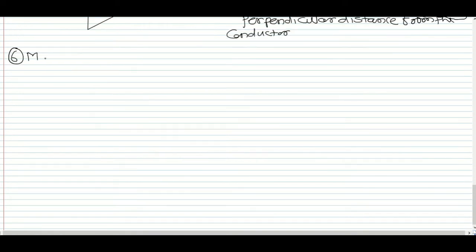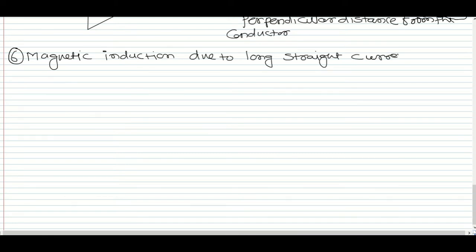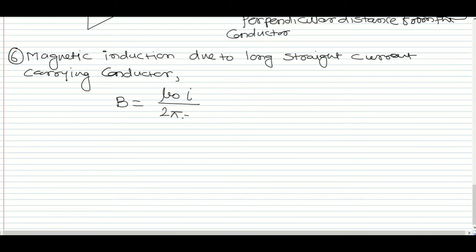Magnetic induction, actually here we will say induction, magnetic induction due to a long straight current carrying conductor. It will be B is equal to mu naught I divided by 2 pi d.